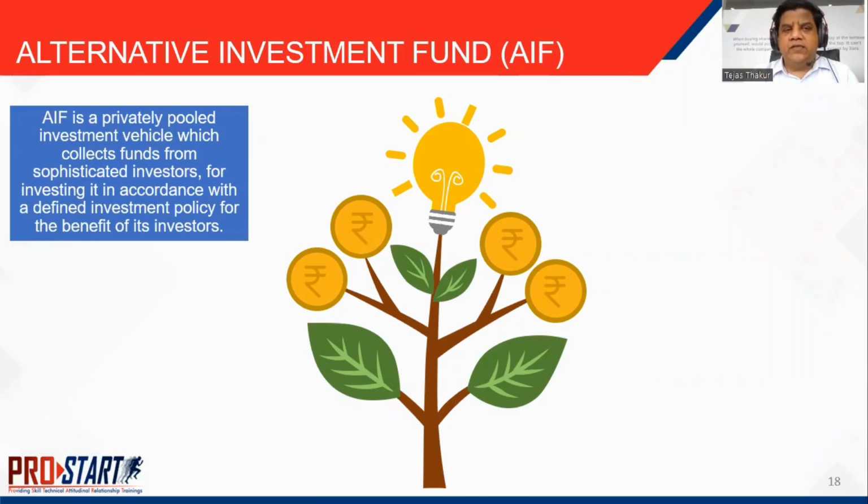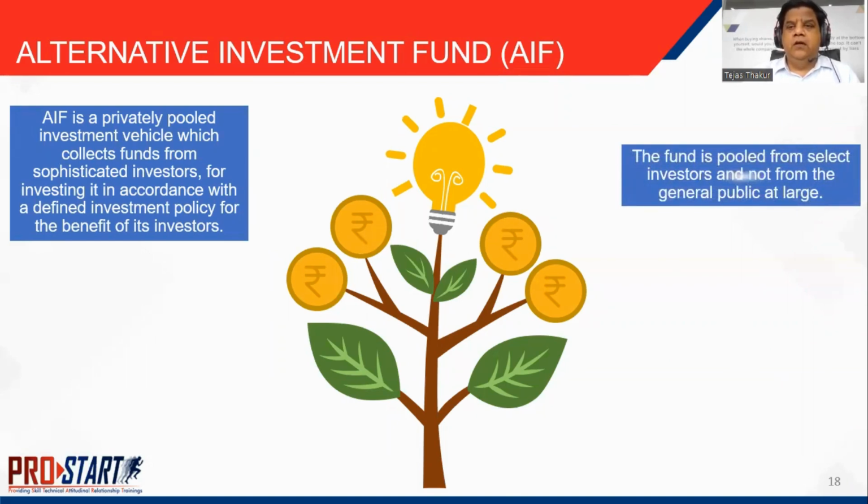As compared to MF, what is the difference? MF is a public pool, AIF is a private pool. MF collects money from retail investors mostly. AIF collects money from sophisticated investors. And those investors understand the risk return matrix as well. The fund is pooled from select investors and not the general public at large like you have in the MF.